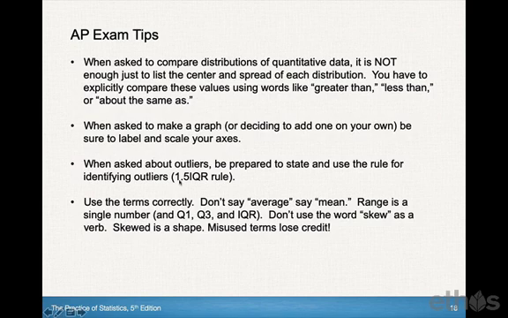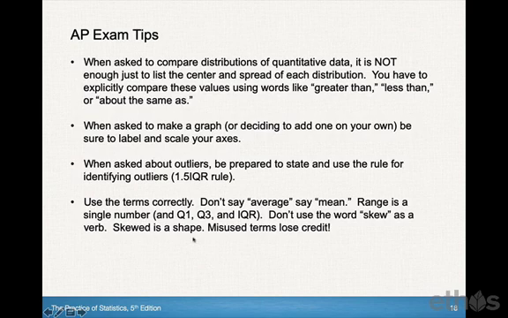If the question is determine if there are outliers, yes, you need to show your work. If that's not the question, you simply need to know whether there are outliers or not. You can say that you used the 1.5 times IQR rule and the outliers are, and you can get that out of your calculator. So make sure that you understand when you might have to show work for that.